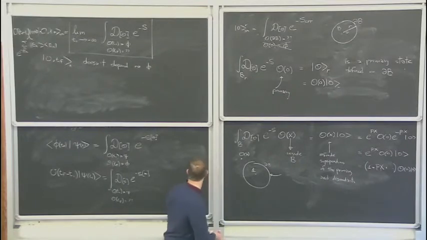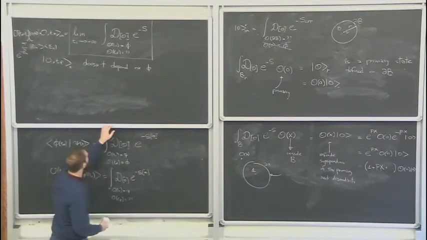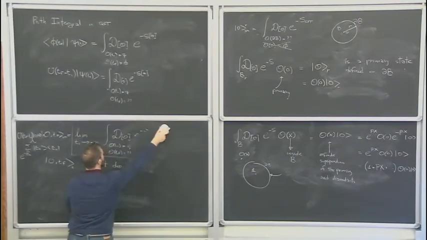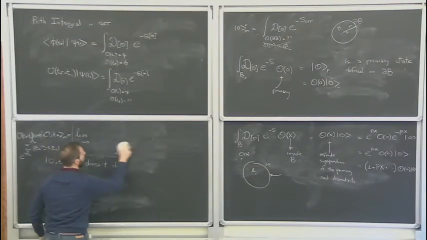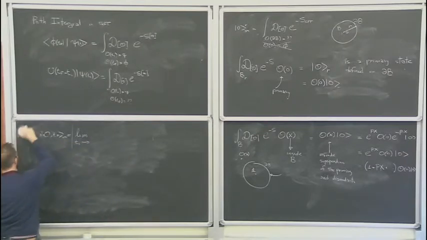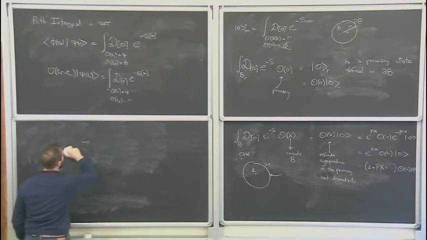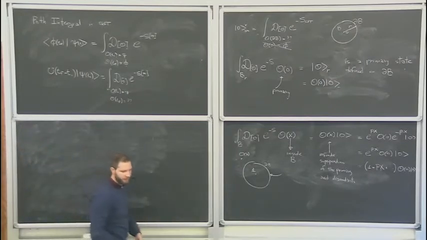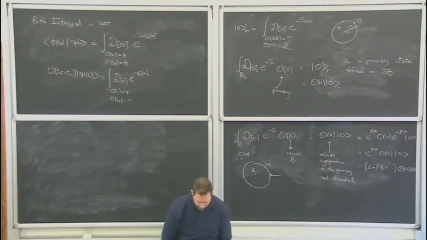Basically, an operator is defined through the matrix elements with all the other states of the theory. So you just have to define matrix elements of operators starting from states.